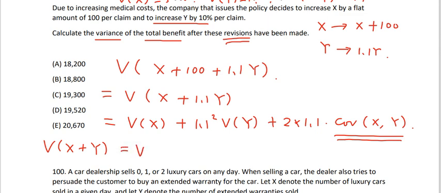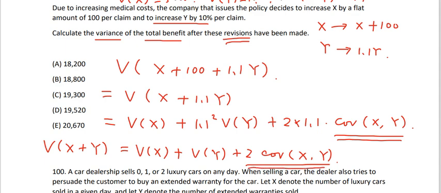V(X plus Y) equals Vx plus Vy plus 2 Cov(X,Y). Okay, so from here we can find this, right? We know Vx, we know Vy, we know V(X plus Y), then we can find the covariance for X and Y. So then we plug in, and we can find the result.